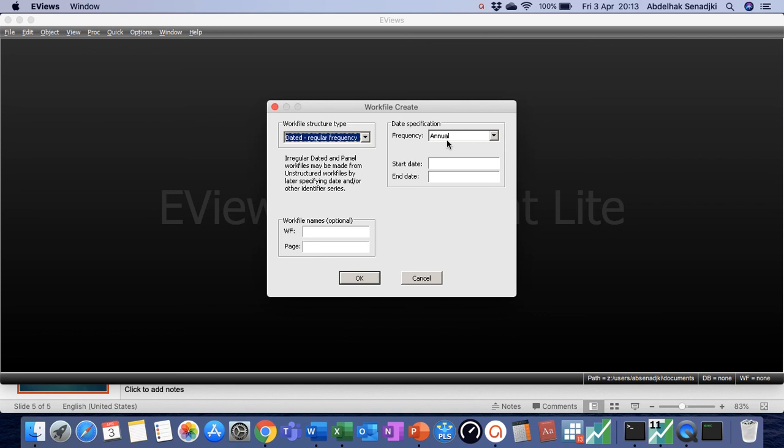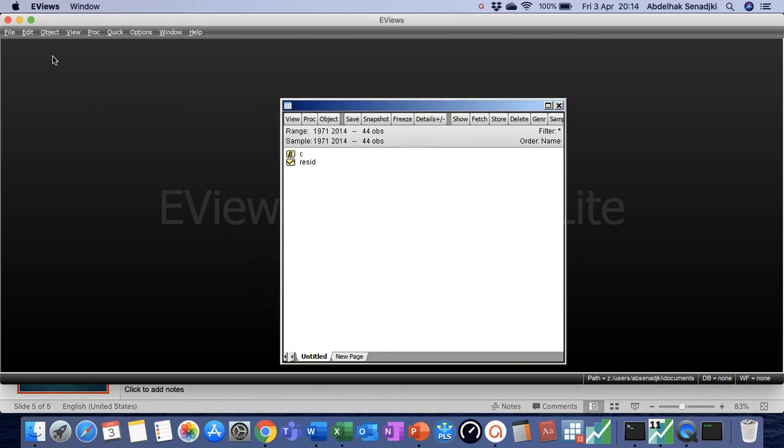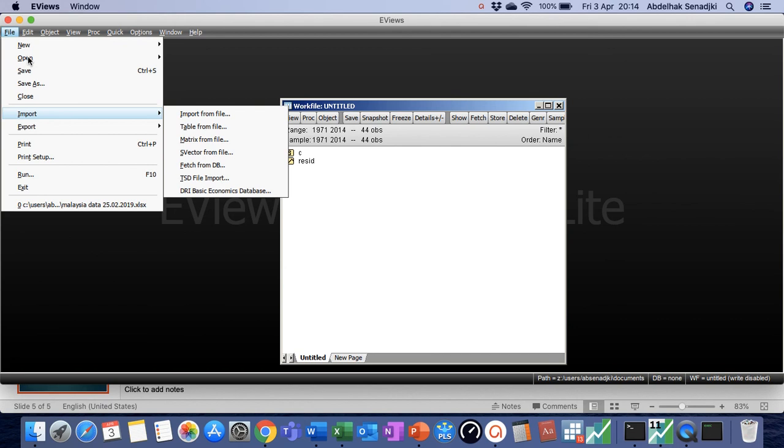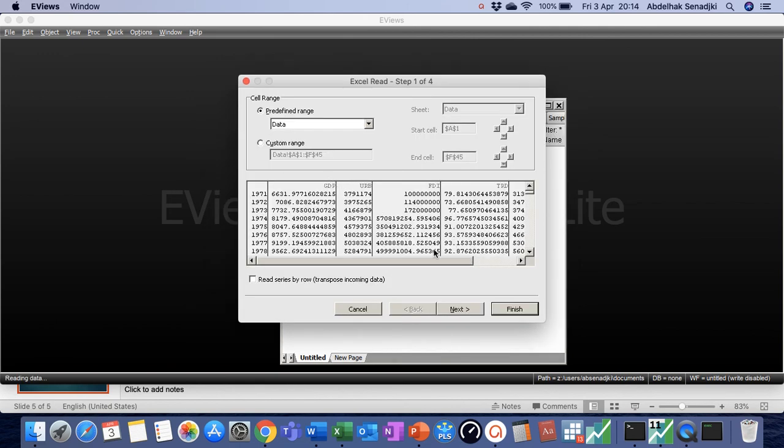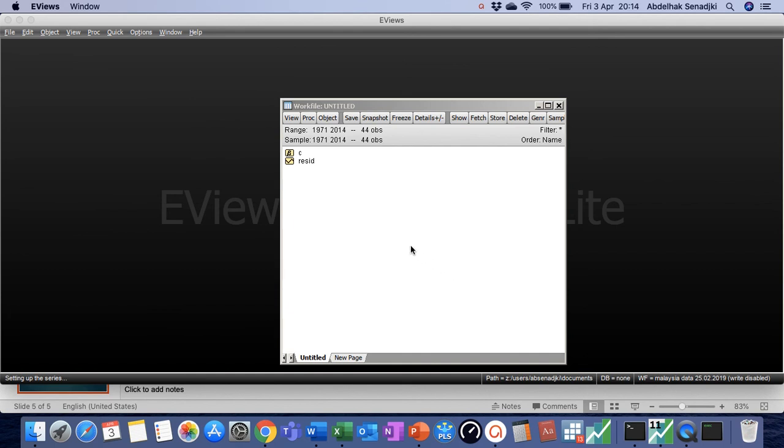I use time series as usual, annual from 1971 to 2014. Press OK. I import my data. Import. The file is on the desktop, Malaysia data. So I have a list of variables.